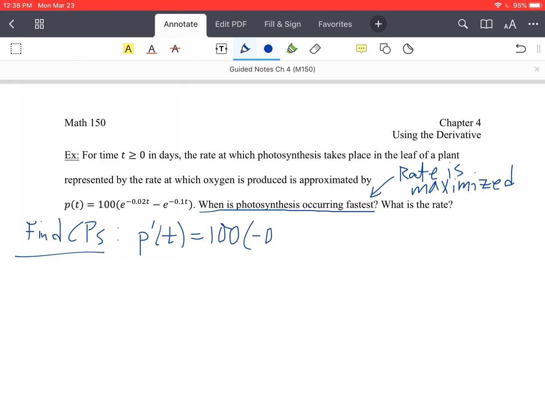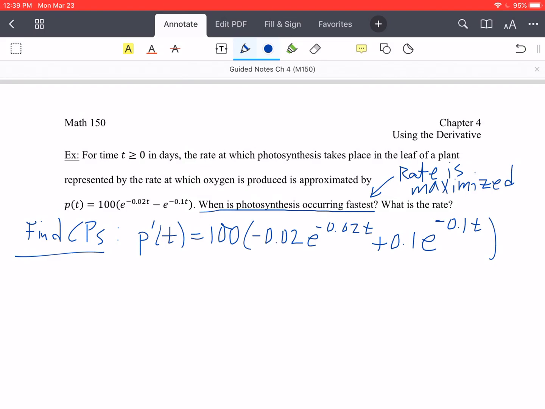So that's negative 0.02 e to the negative 0.02 t. And then minus the derivative of e to the negative 0.1 t, which is again e to the negative 0.1 t times negative 0.1, the derivative of that inner portion. So that's plus 0.1 e to the negative 0.1 t.